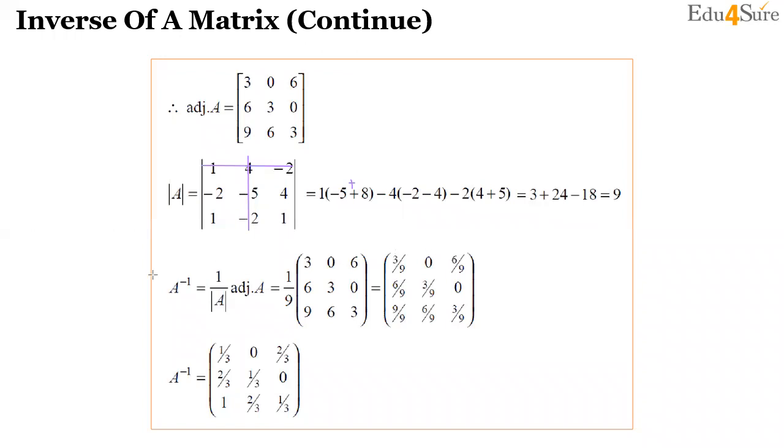Now this is our final inverse operation, where the formula is 1 divided by mod of A, that is the determinant of that particular matrix, into adjoint of A, which is this step that you got after performing a transpose operation on the cofactor value. Let me write it down here so that you can get it.